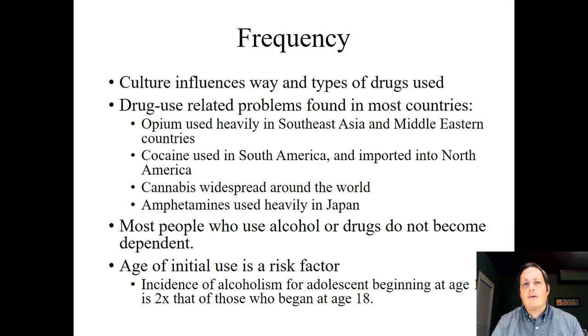You could even look at alcohol for that matter. In our society, we have a mixed record with alcohol, and we also have a limit at 21. So if you're under 21, the tendency is to drink as much as you can when it's available. So we have a real high incidence here in the United States with binge drinking, whereas if you go over to a place like England or France or Italy, you would see that the drinking for adolescents tends to be more in moderation and done more socially.